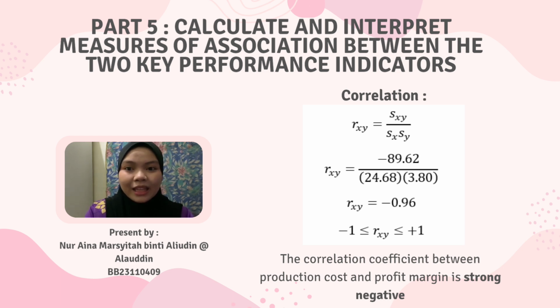This indicates a negative and strong correlation, meaning that as the production cost increases, profit margin tends to decrease and vice versa.